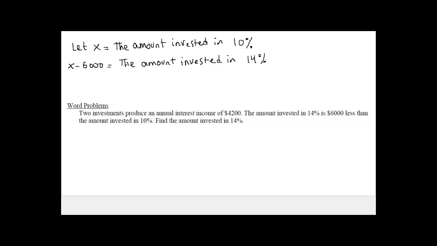Okay, so we're going to write x times 10% plus x minus 6,000 times 14%.